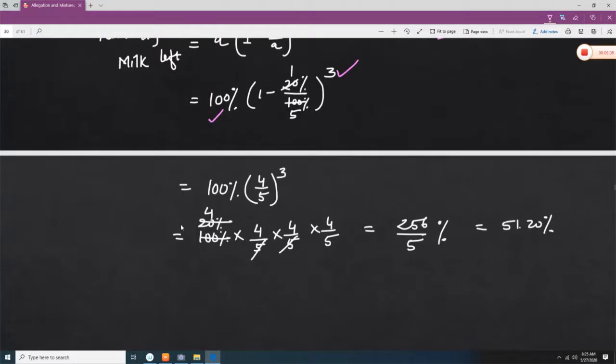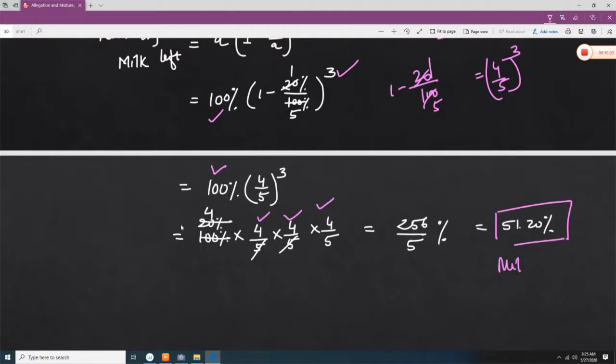When you are simplifying this, 20 over 100 is 1 over 5, and 1 minus that is 4 over 5. Then you have to raise this 4 over 5 to the power 3. So 4 over 5, 4 over 5, 4 over 5, multiplied by the initial quantity, that is 100%. So that is going to be 51.20% milk left.